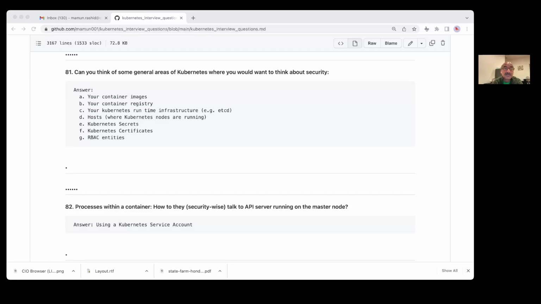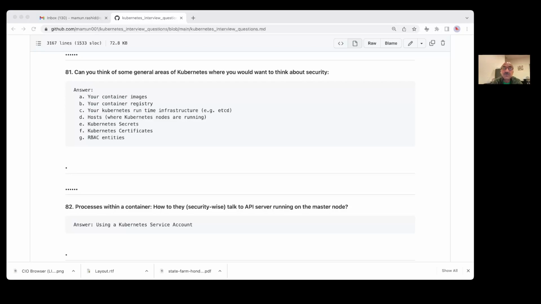The secrets, obviously. The certificates, the private ones anyway, should be protected. And then, of course, if you have people accessing your cluster, the role-based access control things like service accounts and roles and whatnot. Those are the areas that you should be focusing on if you are in charge of securing your Kubernetes cluster. Again, this is a very broad topic.